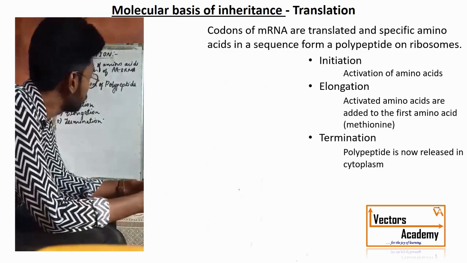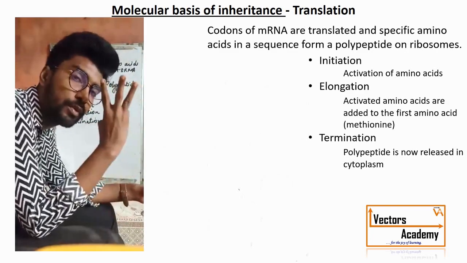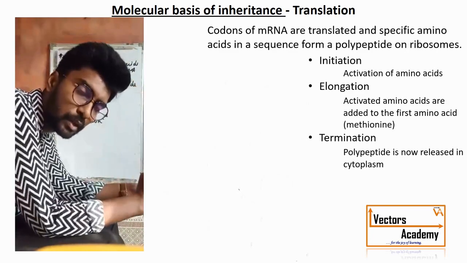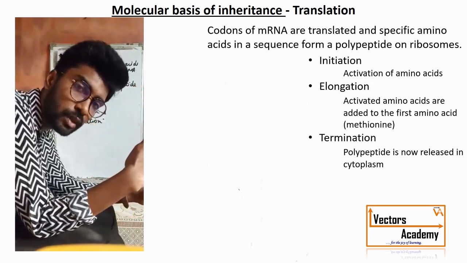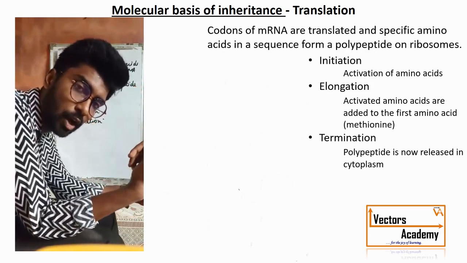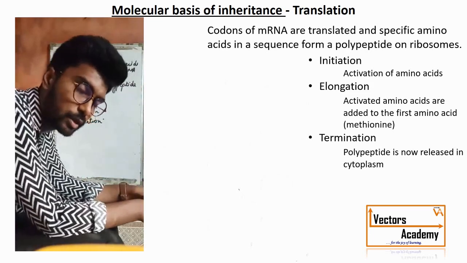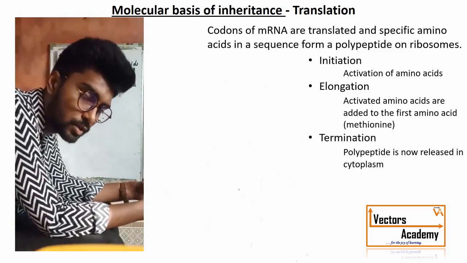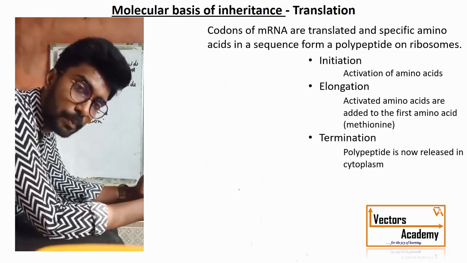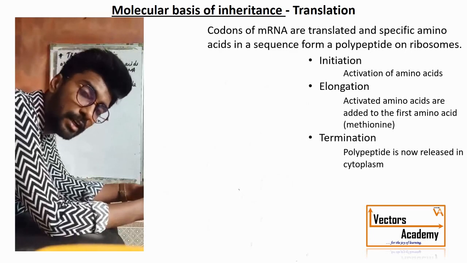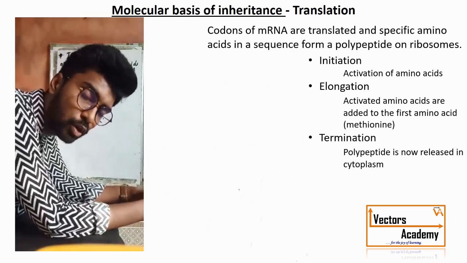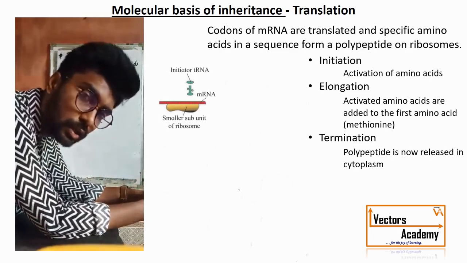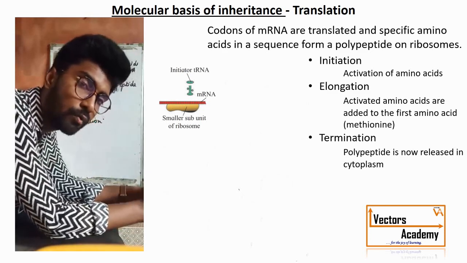Okay, so now we will start the 3 steps of translation: first initiation, second elongation, third termination. So first step, initiation. The initiation step is generally brought about by the binding of an RNA molecule on the small 30S subunit of the ribosome.